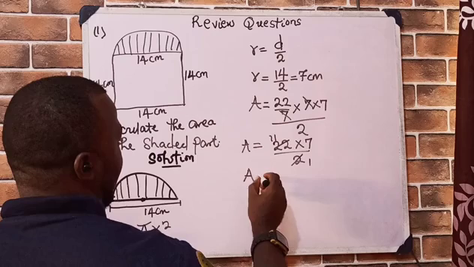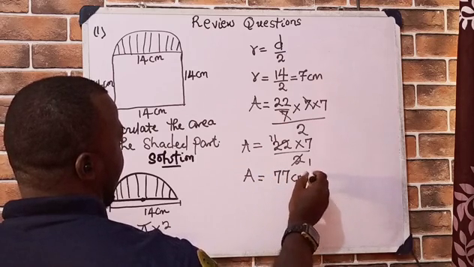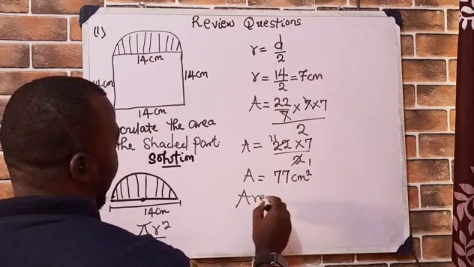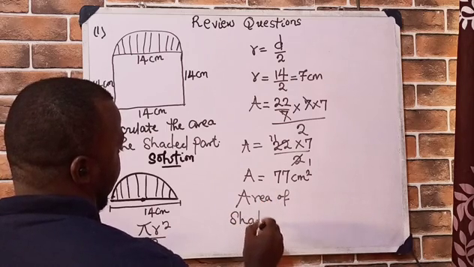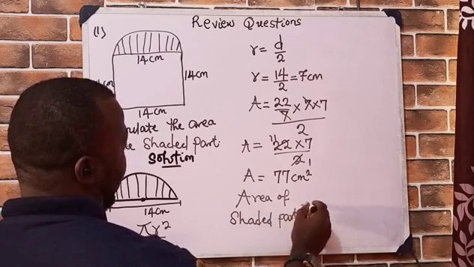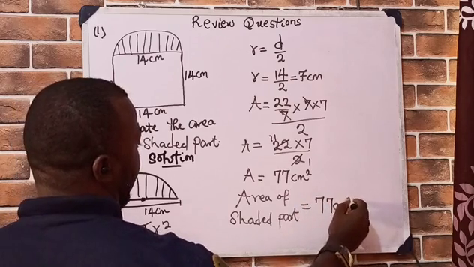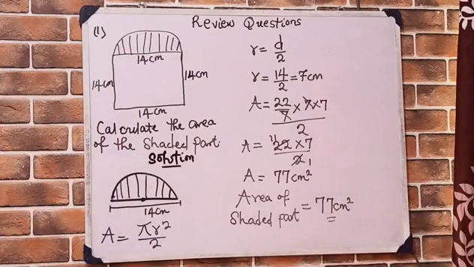I have that my area is 11 times 7, 77 centimeters square. So the area of this shaded part is equal to 77 centimeters square. As simple as that.